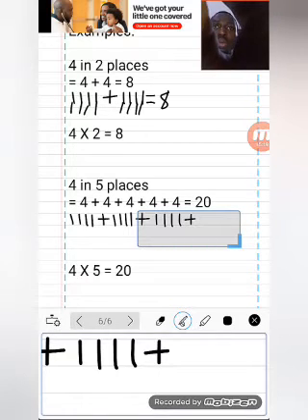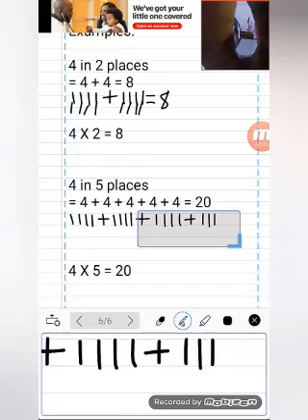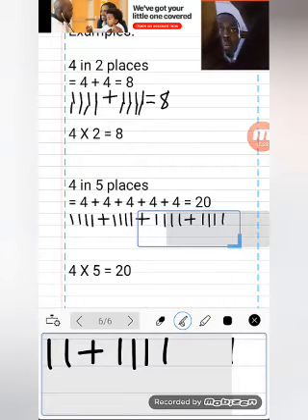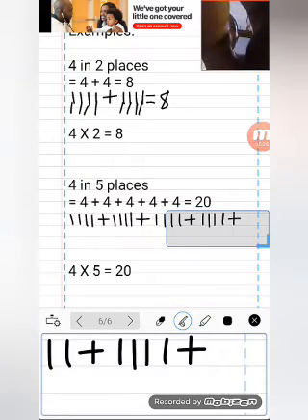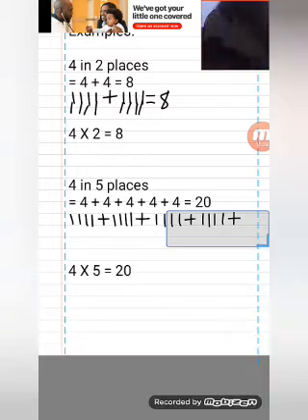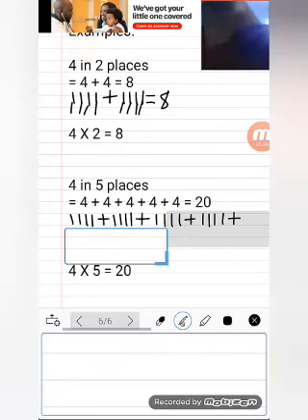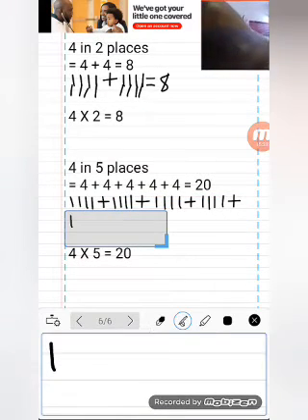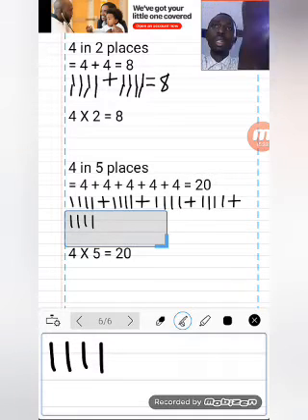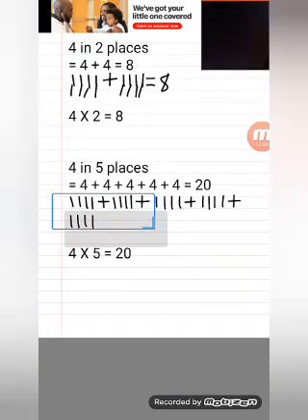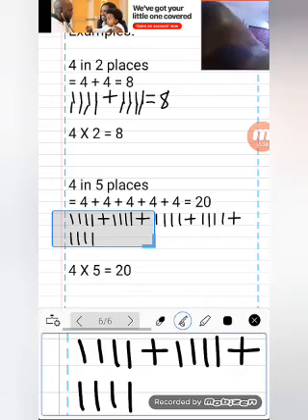That's the fourth one. 1, 2, 3, 4. Then another 4, which is the last one, the fifth one. Let's count it here, under here for space. 1, 2, 3, 4. So let's now see how many this 4 in 5 places would be when we add them together.